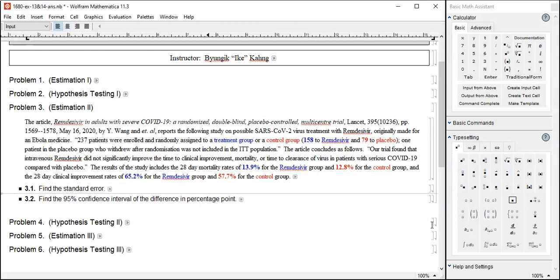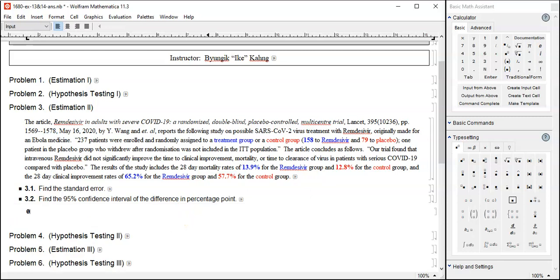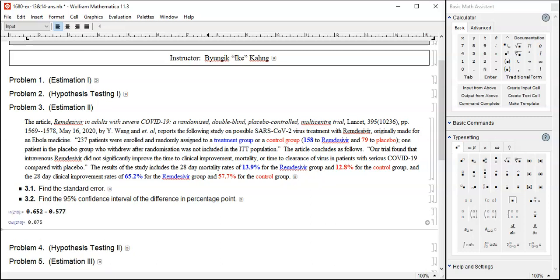Okay, next. Find a 95% confidence interval of the difference in the percentage point. Okay, the difference is, let's see, 65.2% versus 57.7%, isn't it? So it is 0.652, excuse me, minus 0.577.